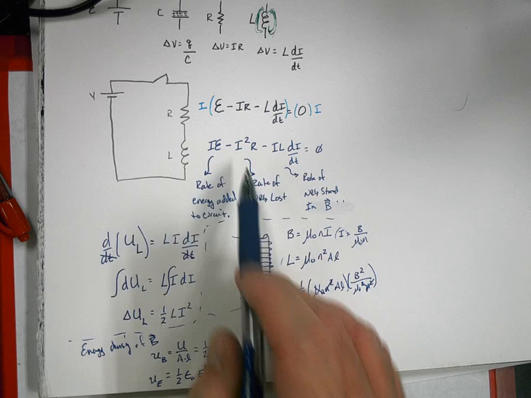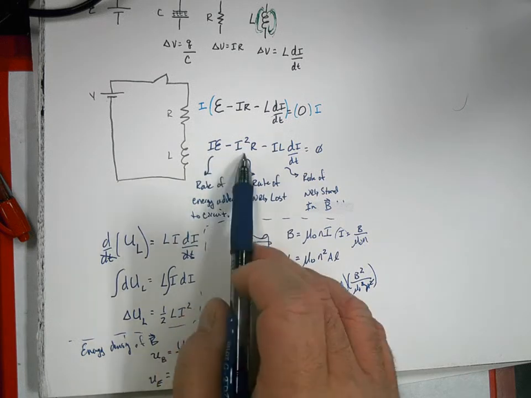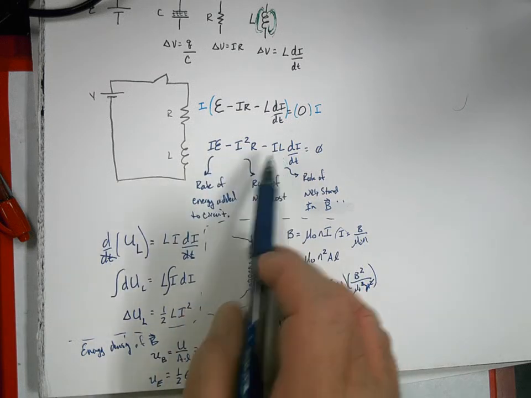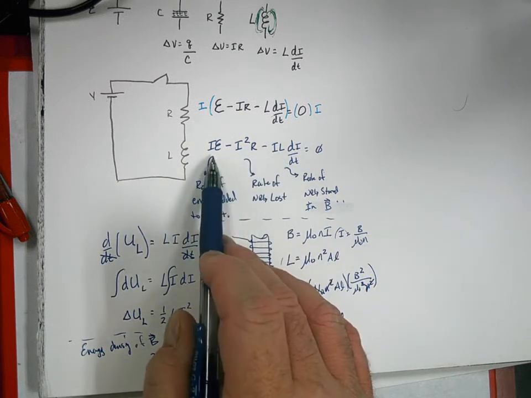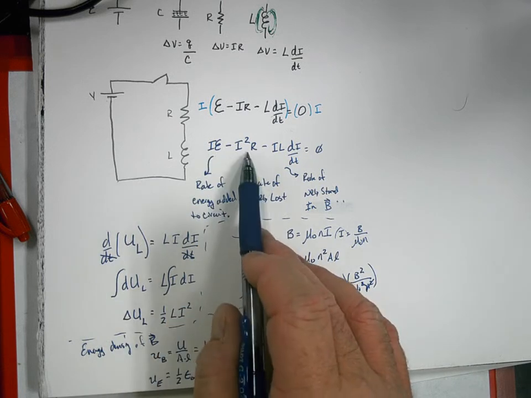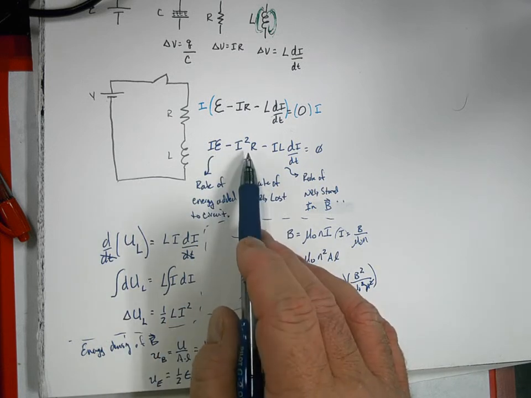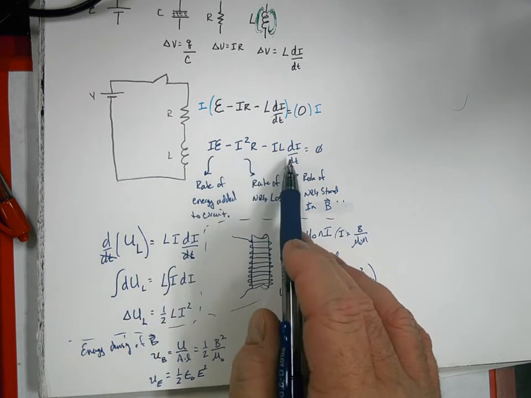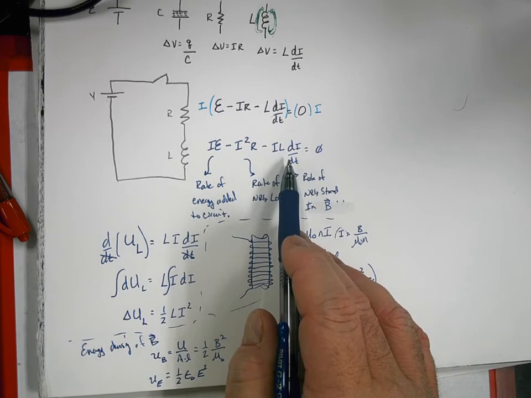Either we're adding energy to the system or we're taking it away somehow. Where the voltage is our source of our energy for our circuit. This is where our energy dissipates to when we're running something. And if we have an inductor on there, we're storing that energy as potential energy in the magnetic field.